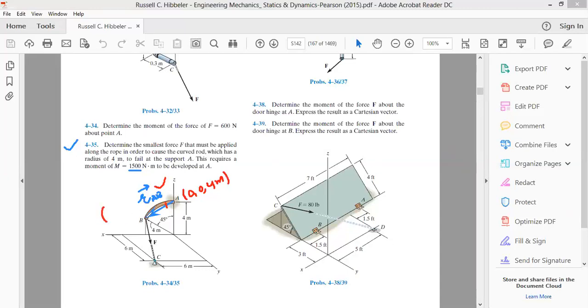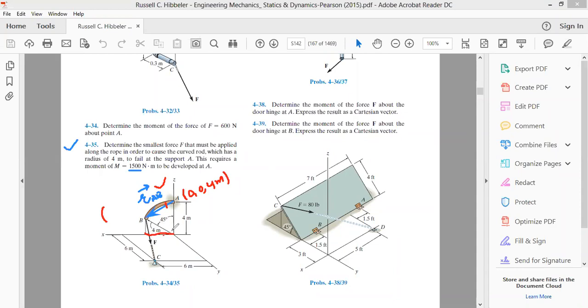In order to reach point B along the x-axis, we have to describe this much amount of distance. The total angle is 90 degree, this angle is 45, therefore this angle is also 45. The coordinate of point B along the x-axis is equal to this much distance.